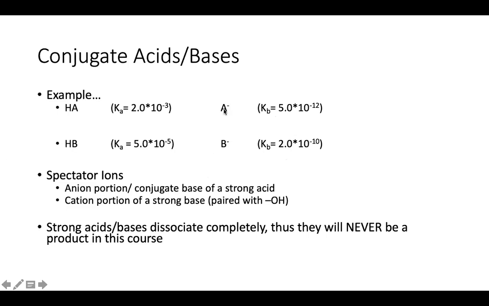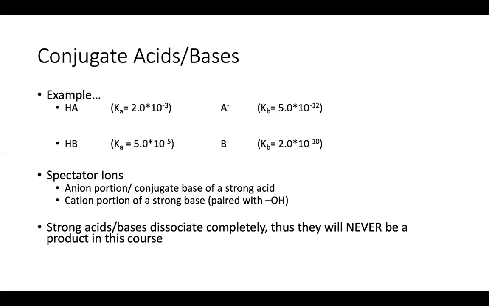Even though HA is a stronger acid and B minus is a stronger base, realize that both acids here are weak acids and both bases are weak bases. So B minus is just a stronger weak base. The fact that it's stronger doesn't make it a strong base.